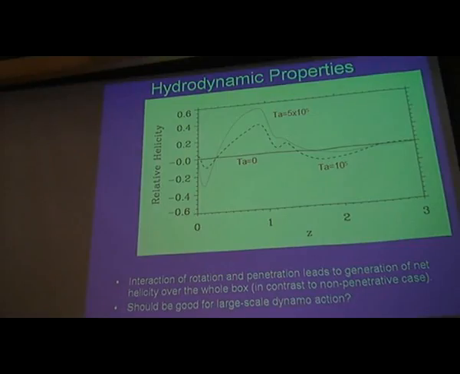Is it mean helicity or? This is relative helicity. I mean mean helicity in the sense of after how many turnover times you average this? Okay, so we run the thing until it reaches a statistically steady state, and then we average this over, I would say, about 4 or 5 turnover times.